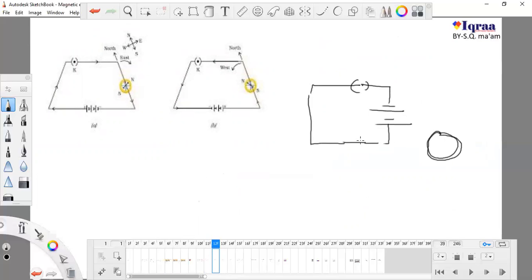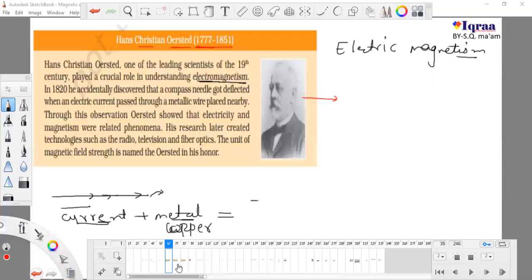Suddenly, when he started current in this wire, the needle of the compass which was in this direction before got deflected in this direction after conduction of current, just after he completed the circuit. So the needle deflected as soon as he started this. This is how it was accidental, and he discovered electromagnetism.